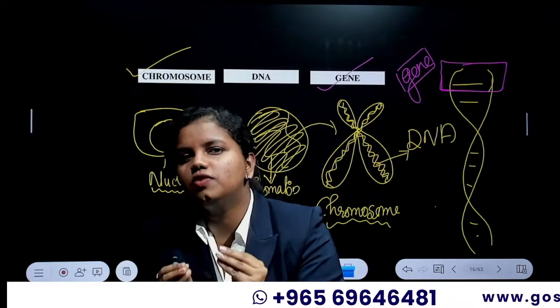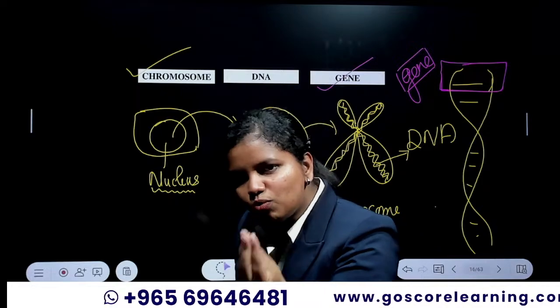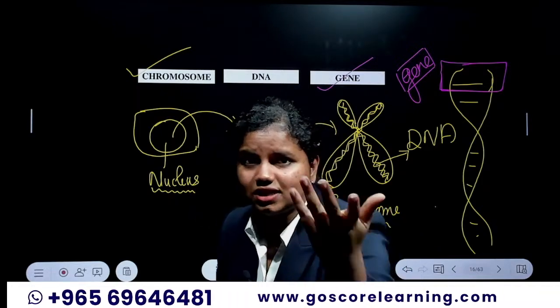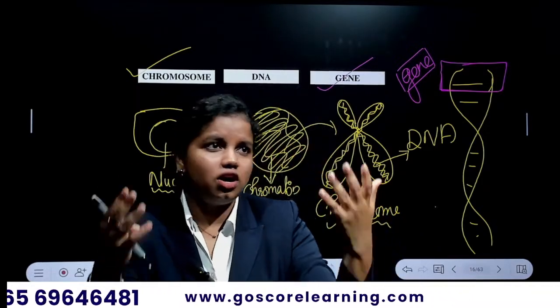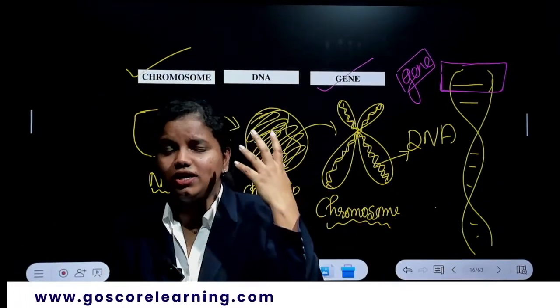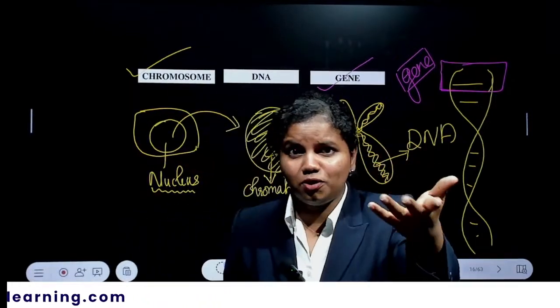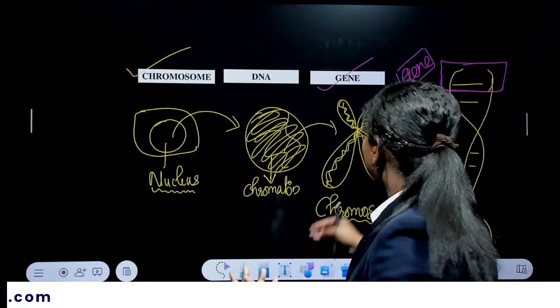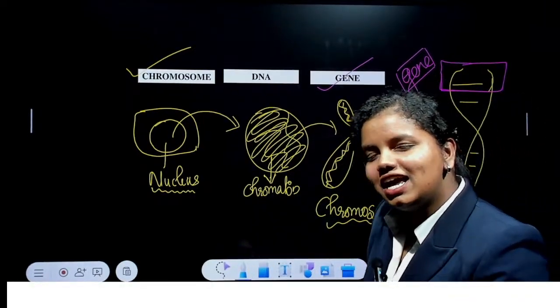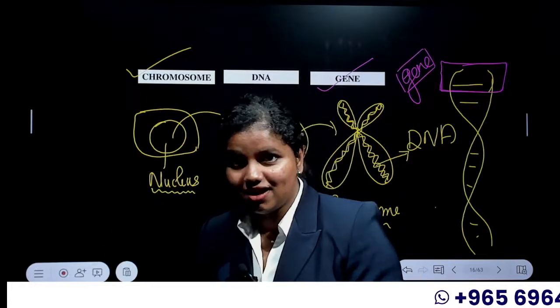This small portion of the DNA is what is coding for a protein. This small gene codes for your skin color. It can code for your height, the texture of your hair, your eye color, the shape of your nose. It depends. So this small portion of the DNA is what is actually encoding our entire character.